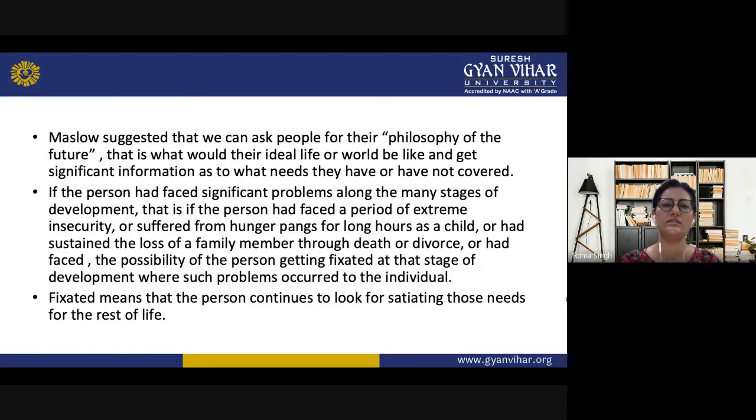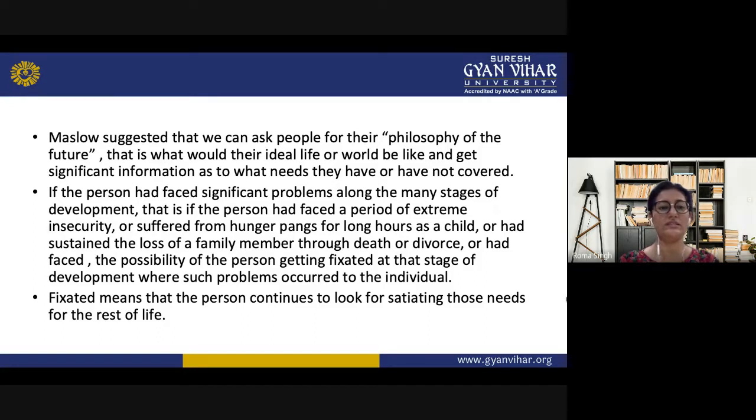So Maslow suggested that we can ask people for their philosophy of the future. That is, what would their ideal life or world be like? Every person must have thought about what an ideal life they want, and sometimes they are influenced by other successful people, their neighbors, their friends, their family members. So they will be able to imagine in their mind, and frame what kind of ideal life they have thought for themselves.